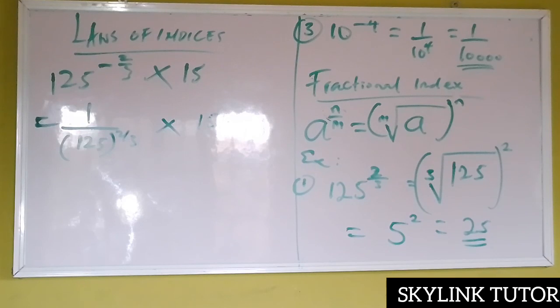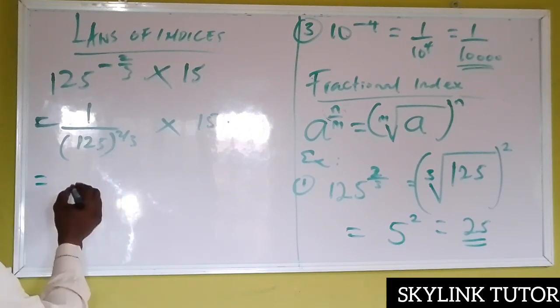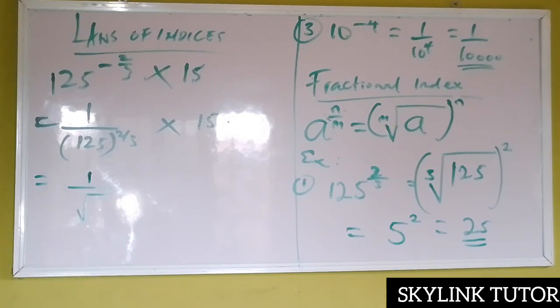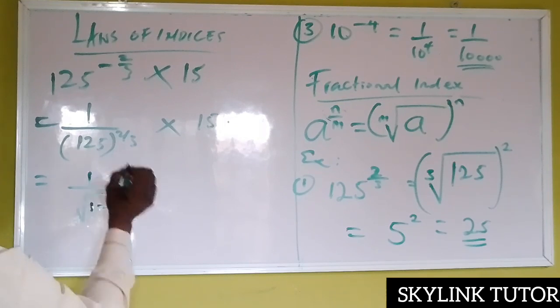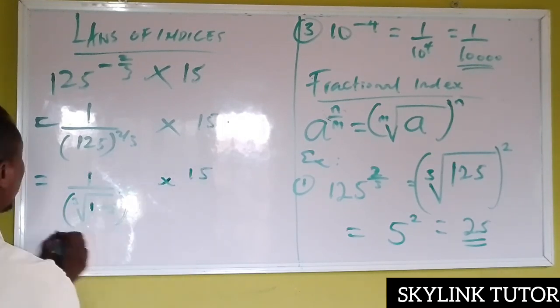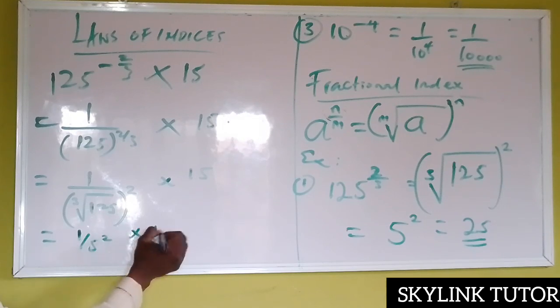If I multiply this together, or let me leave it this way, at the long run I'm going to have 1 all over this, that is the fractional index, having 125 inside, then my 3 is here and my 2 is here, times this 15. I'm now going to have 1 all over 5 squared times 15.